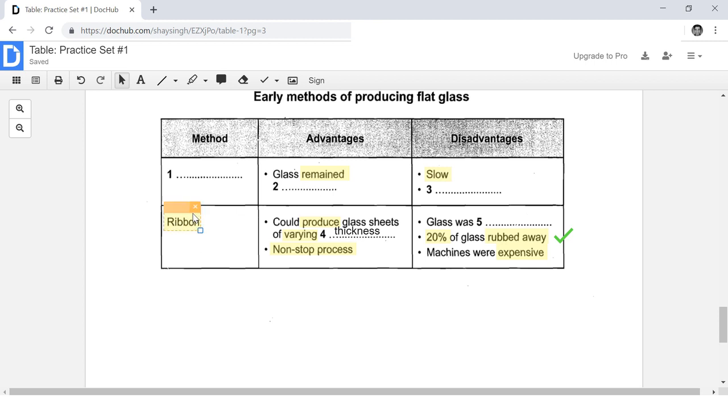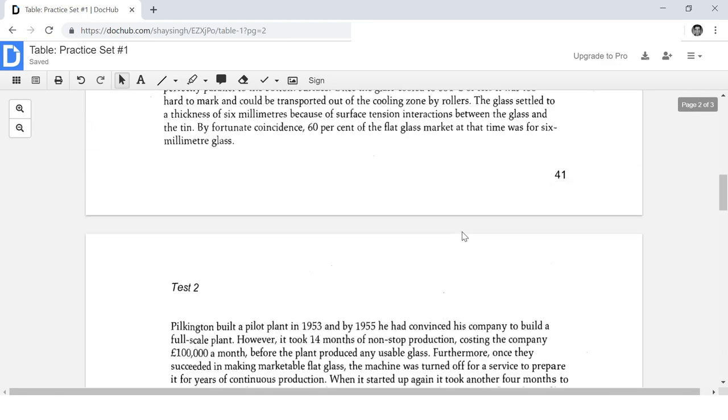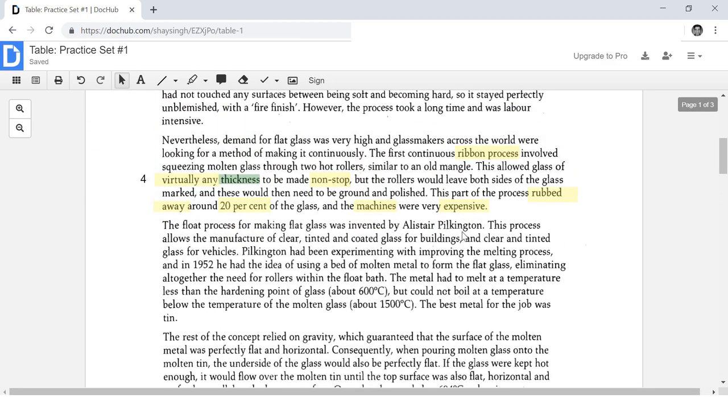So let's come back here to our discussion about the ribbon method, and let's find out what the disadvantages were. So right over here, it said that the rollers would leave both sides of the glass marked, and these would then need to be ground and polished. So that is a negative thing.